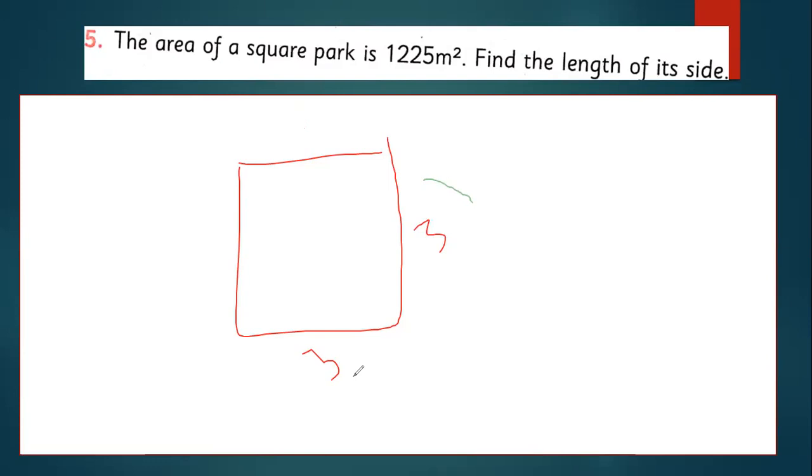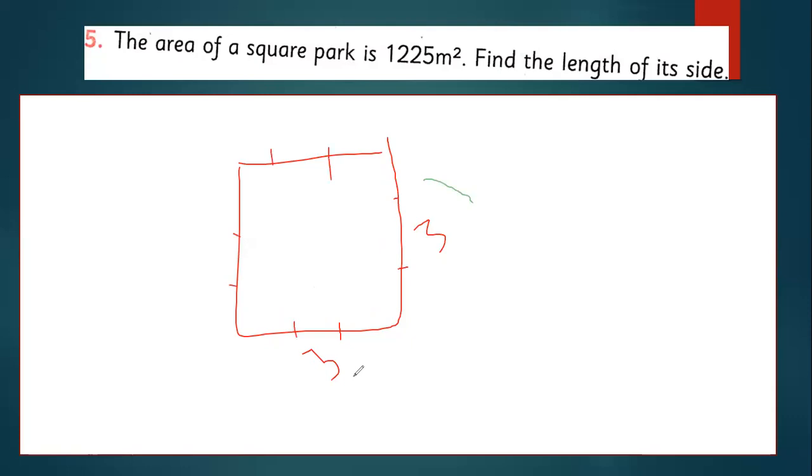Anybody knows? By square we mean there is 3 here, and 3 here. Here you see 1, 2, 3. There are 3 in 3 meters, 3 centimeters, or anything, but it should be 3.